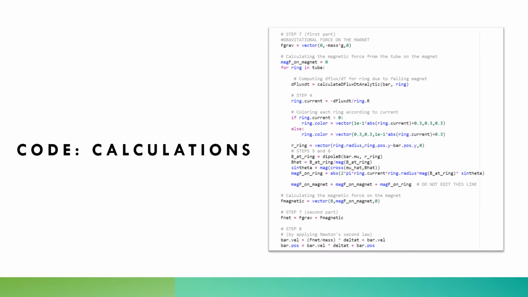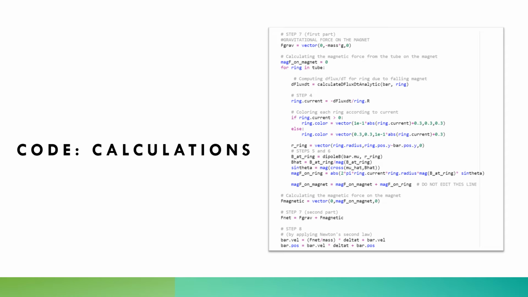So here are the calculations for my GlowScript code. As you can see, it starts off by finding the force of gravity and ends with modeling the bar magnet as well as the pipe. For step 4, this is where you find the currents going through each ring, which is then used in step 5 to find the magnetic field of each ring, and at step 6 you find the force on the ring by the bar magnet as well as the force on the bar magnet by the rings.